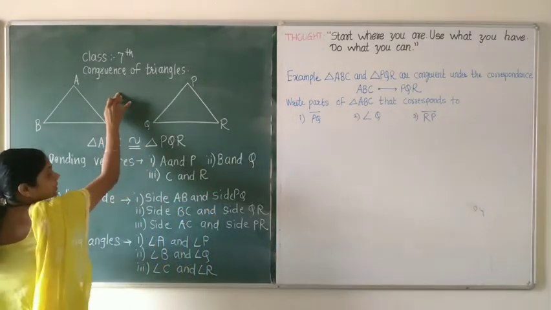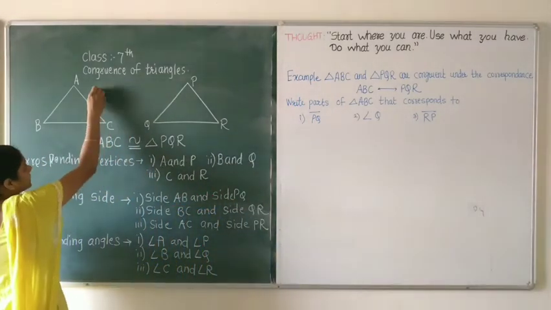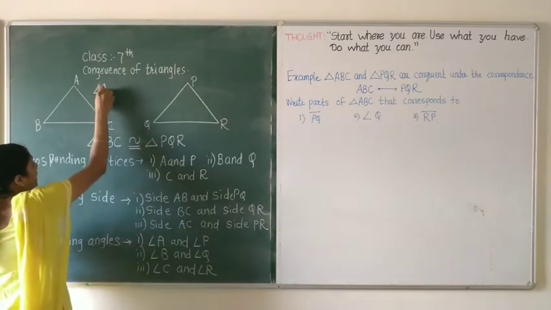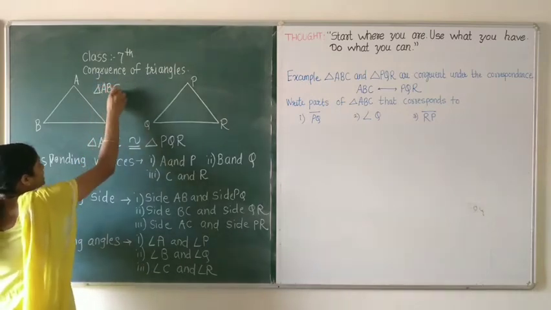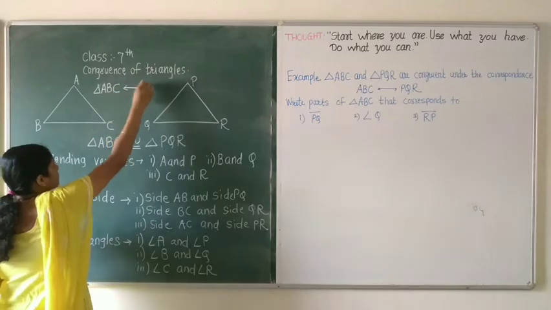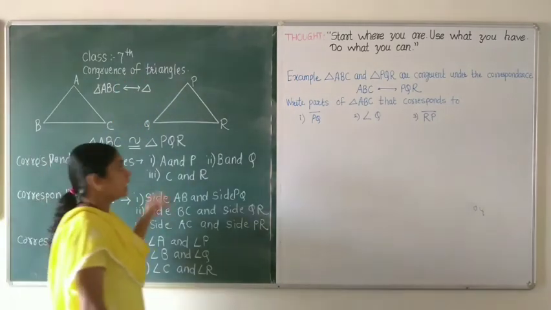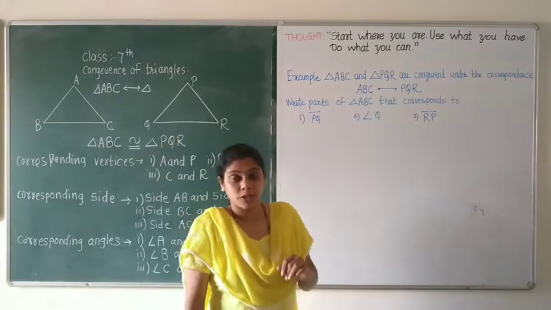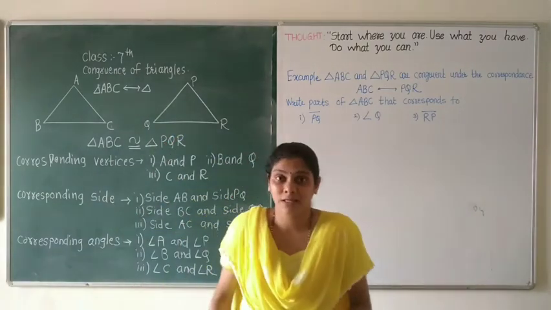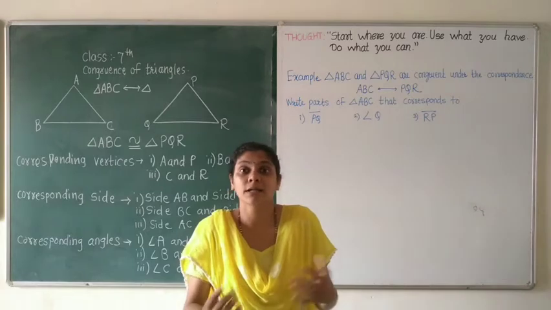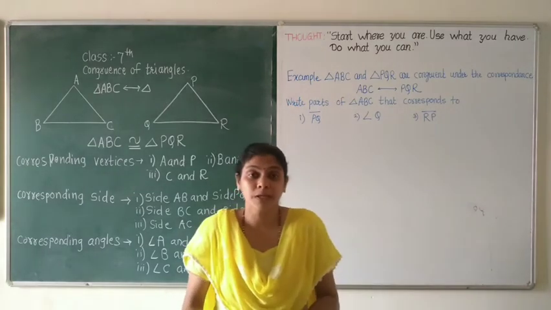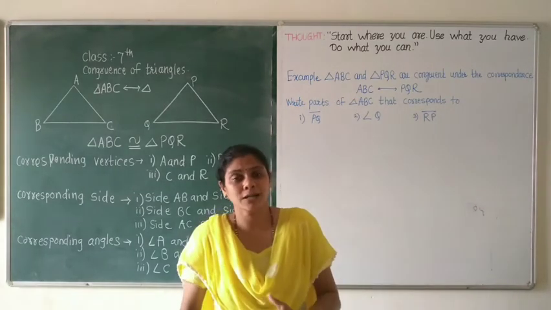I am going to write here the corresponding triangles. Triangle ABC corresponds to triangle, what do we have to write here? The name of triangle PQR can be written in many ways, right? Triangle PQR, triangle QRP, triangle RPQ, or triangle PRQ.